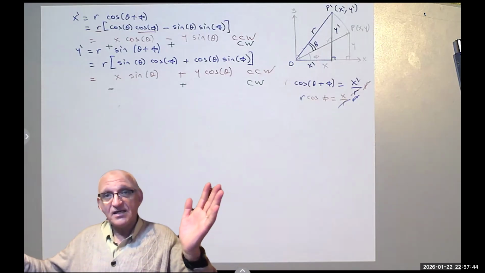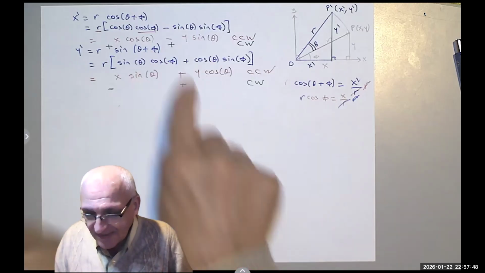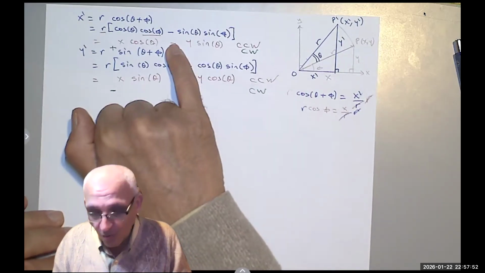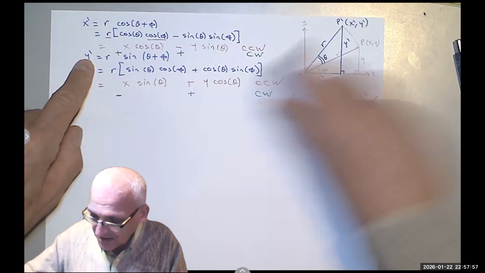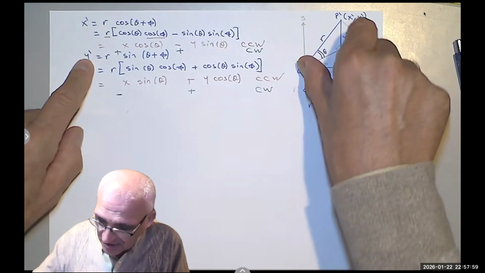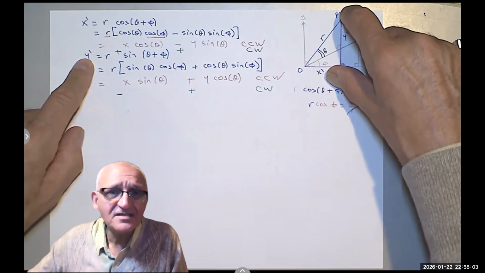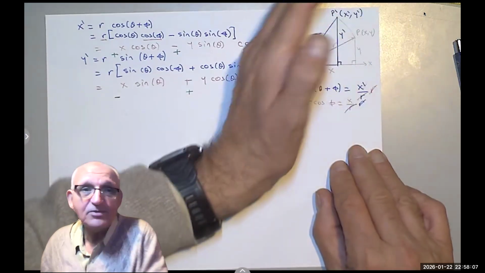So it starts big and then gets smaller and smaller until it becomes 0. So that's why we subtract. When we rotate counterclockwise, we subtract for the x and we add for the y because the y gets larger and larger. This y would extend, because, again, y is the sine. The sine starts at 0 and gets larger and larger until it becomes 1.